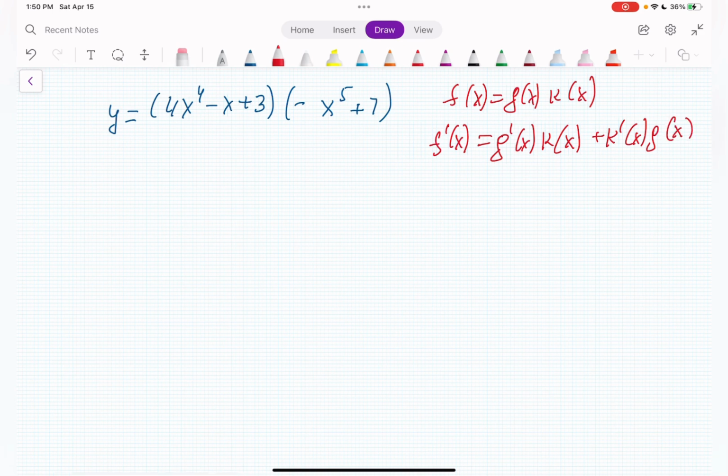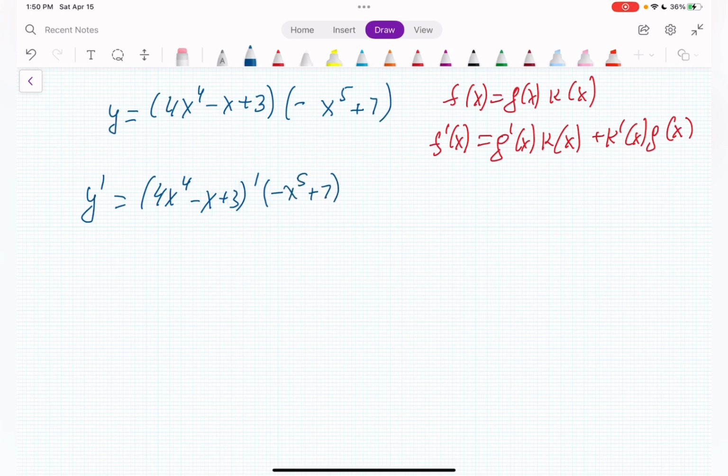Okay, let's start working. I'm going slow, so you won't get confused. So y prime, or derivative, is equal to the derivative of 4x to the 4 minus x plus 3, times negative x to the 5 plus 7, plus the derivative of k of x, which is negative x to the 5 plus 7.